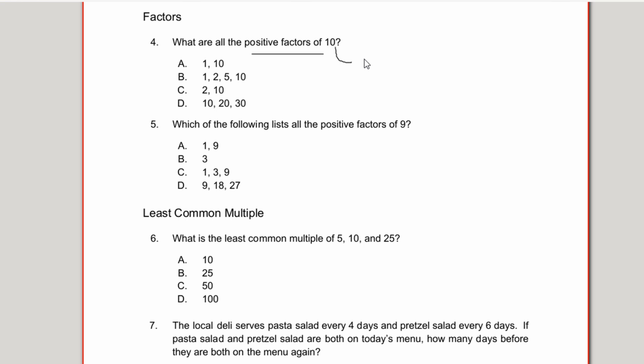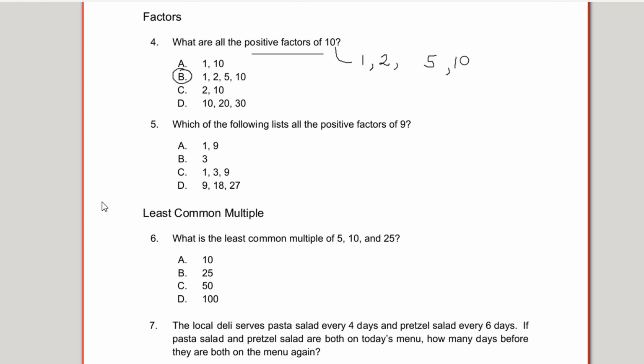Whenever I'm doing factors, I always like to start with 1 and that number, so 1 and 10. Then the next number up would be 2, and to divide 2 into 10, we've got to multiply by 5. Can't divide 3 into 10 evenly, can't divide 4 into 10 evenly, and now we're down at 5, back to 5. So it looks like our factors are 1, 2, 5, and 10, and that is answer choice B.